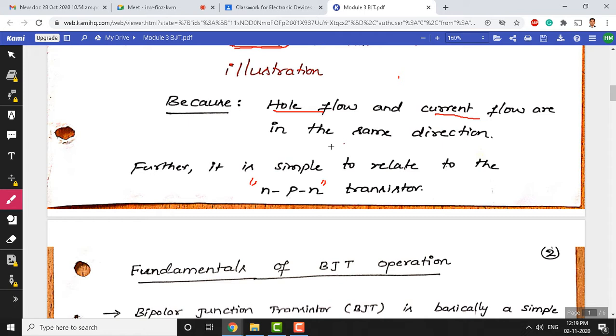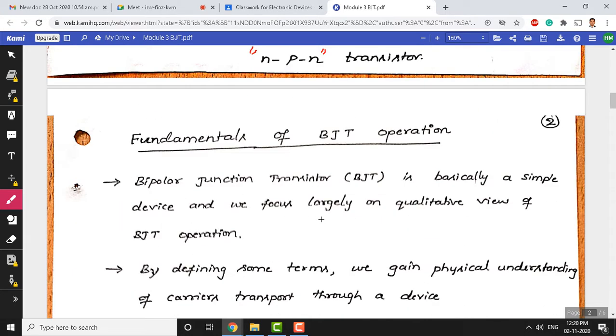FET is a broad range of devices. Within that there is the JFET, the MOSFET, and the MESFET. Many devices come under the field effect transistor. Their operation is totally different compared to the BJT. So that's a little bit of history about the bipolar junction transistor.